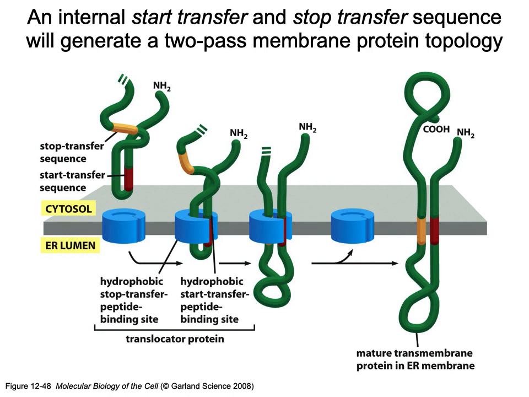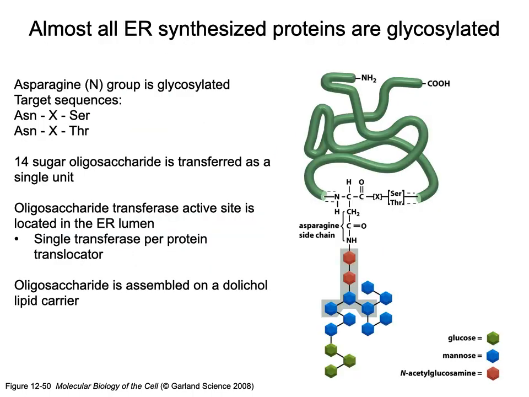And so in this case, we have our start transfer internalized, so this means it's not going to move out to the lumen of the ER. It's going to become transmembrane, and then we also have this other stop transfer, so again, that's going to be transmembrane, and so we can see how we have these 2 transmembrane sections present.